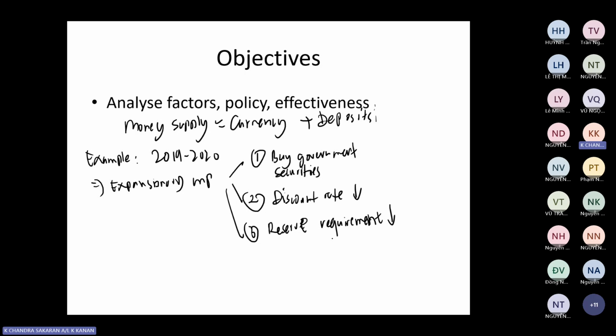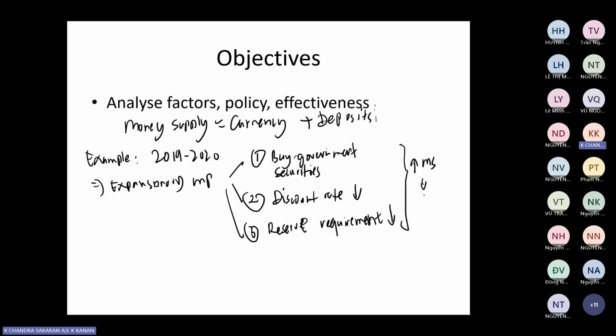More loans must be given out during recession, to create more spending, more production, and more jobs. So all these three tools, buying government securities, reducing the discount rate, and reducing the reserve requirement, will increase the money supply.